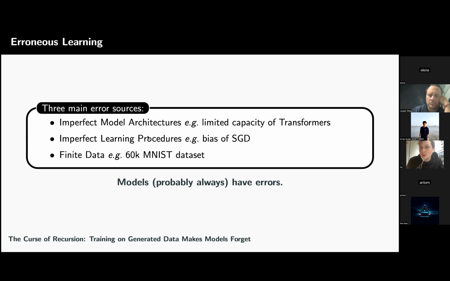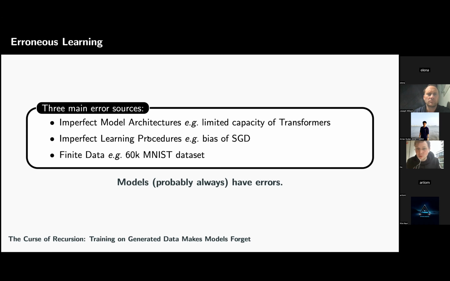So we do not know if a given model is actually capable of approximating the functions that we expect it to approximate. Then we have imperfect learning procedures. We rely quite commonly on SGD or Adam or other flavors of gradient descent, and all of them are extremely biased in the types of solutions. They are structurally biased in the types of solutions they discover.